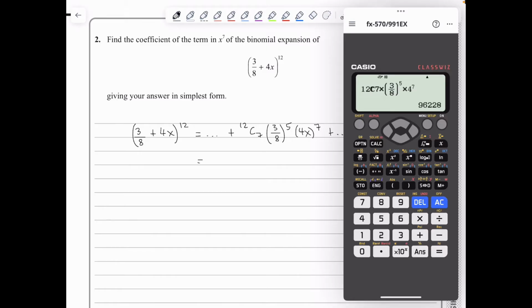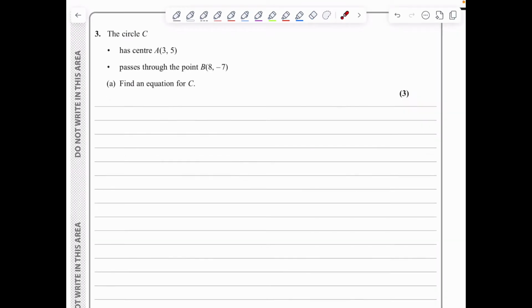So this is equal to dot dot dot plus 96,228 x to the power of 7 plus dot dot dot. Remember, the question is asking for the coefficient, so the coefficient is just the number with the sign in front of x to the power of 7. So we conclude that the coefficient of x to the power of 7 is 96,228.